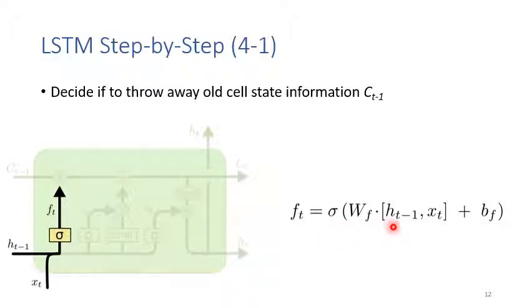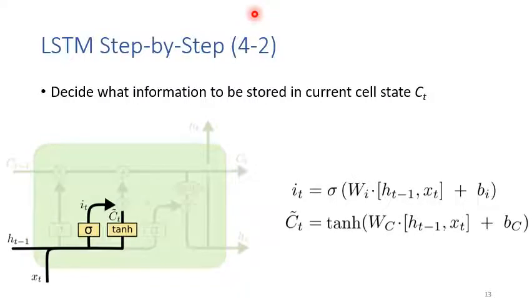We use the input x_t and the previous output h_{t-1}. We multiply them by a weight matrix plus a bias to feed the sigmoid activation function. So we use the previous output and the new input to decide how much information we want to pass to the new cell state.